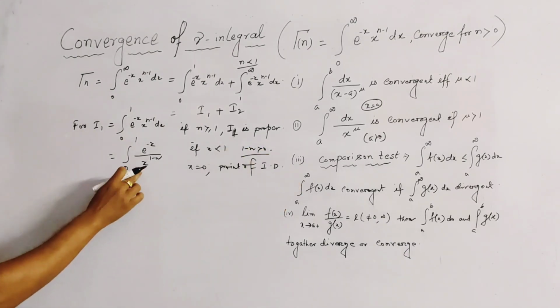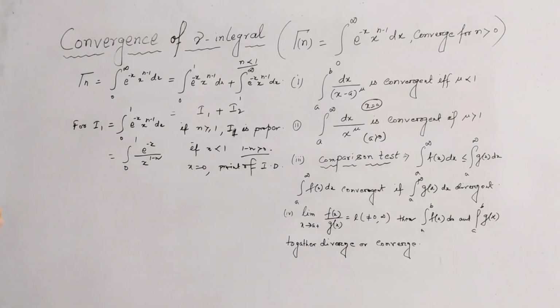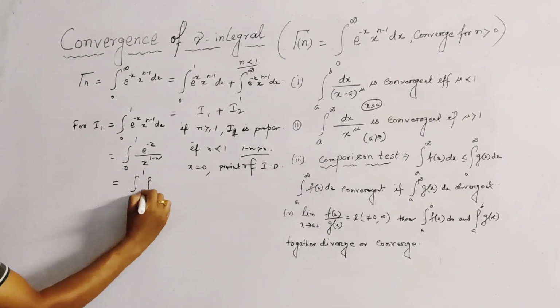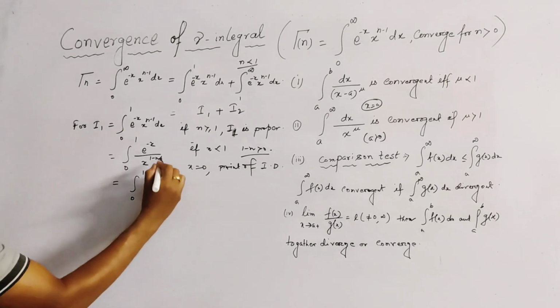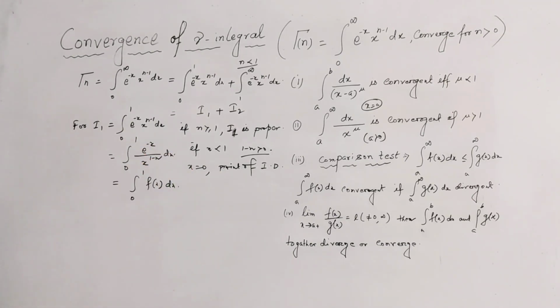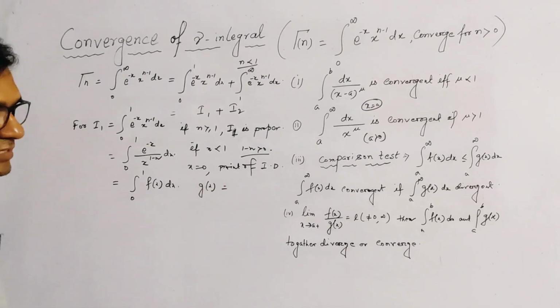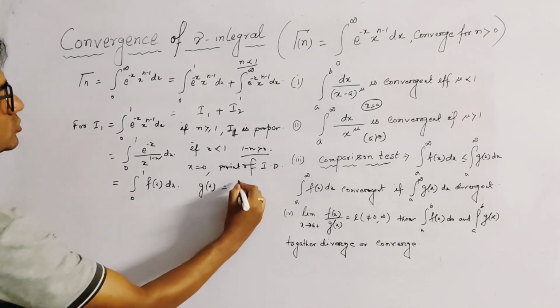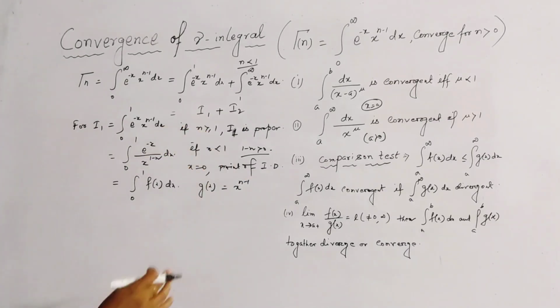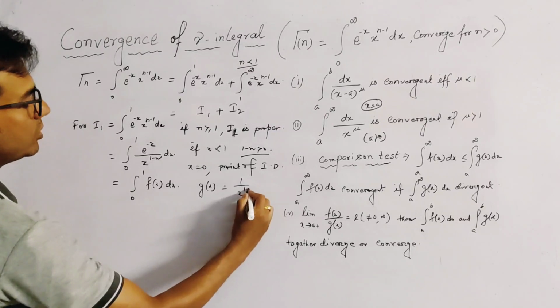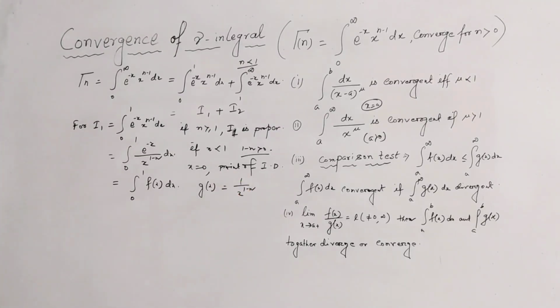Clear? This is integration 0 to 1 f(x) dx, and let g(x) be another function, taken as 1 by x to the power 1 minus n, right?